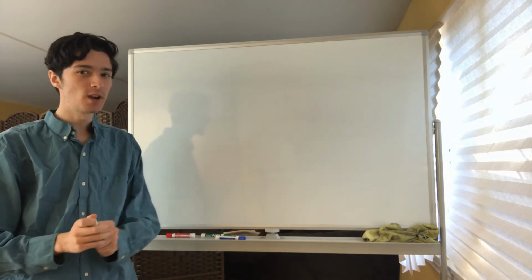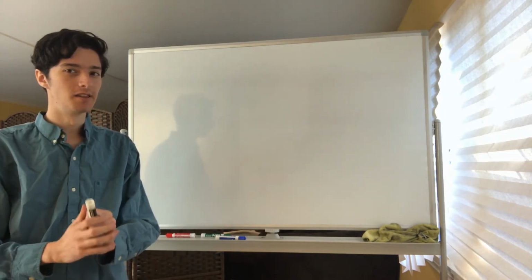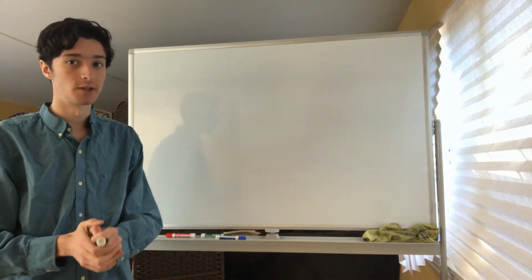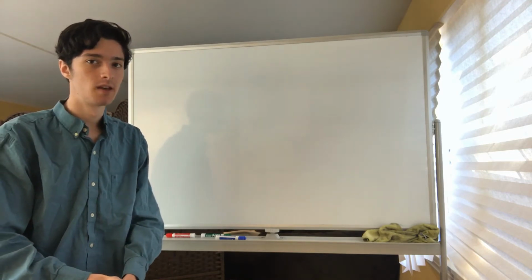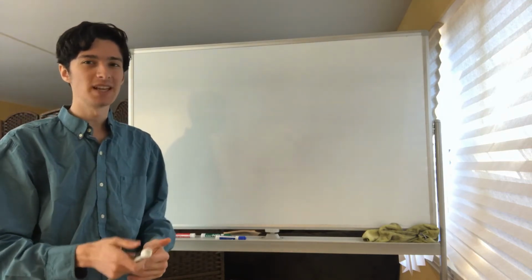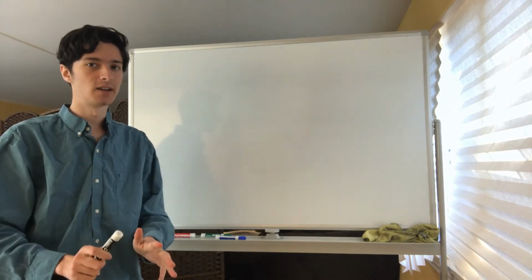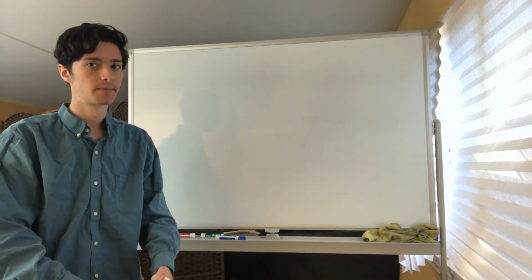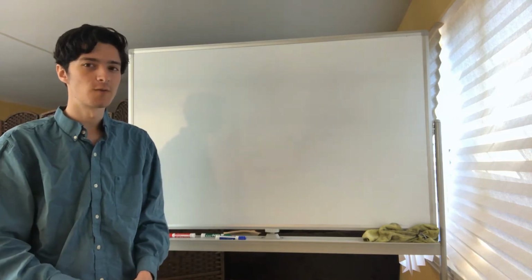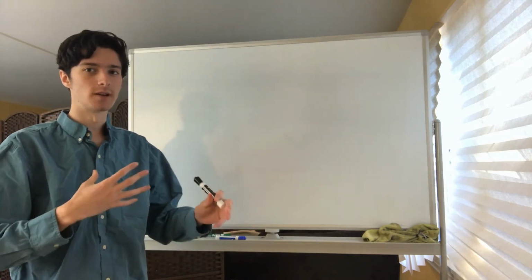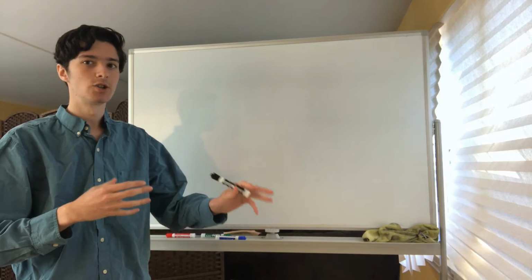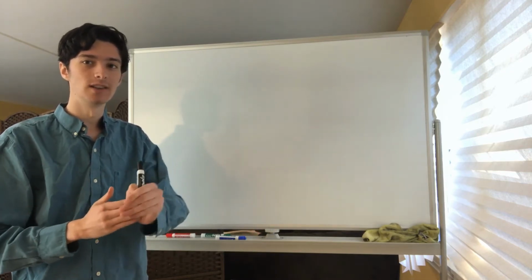Today, we are going to be going over the limit definition of a derivative. Now, there are probably a lot of different ways to rigorously define what a derivative is, but we're going to start from the intuitive understanding and show how that can lead us to our limit definition.